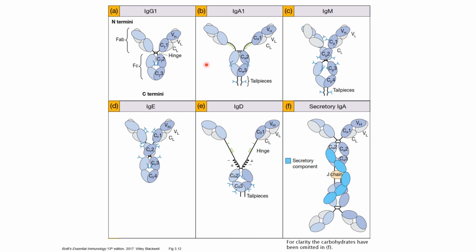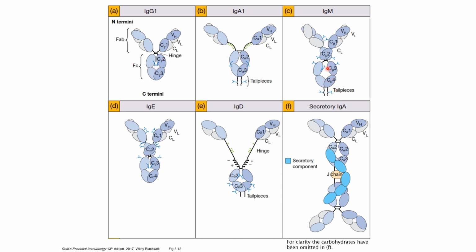Comparing IgG1 and IgA1, for example, the hinge region of IgA1 is much longer, much more extended, and IgA has some kind of a tail here, which doesn't exist here. These little squiggles represent the sugar residues which are attached at different positions, so they also differ in that respect.